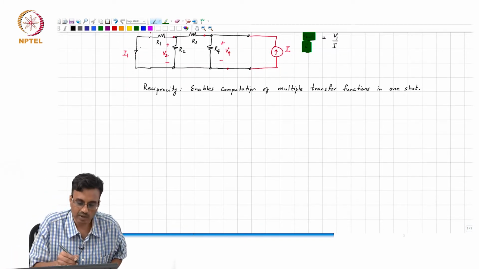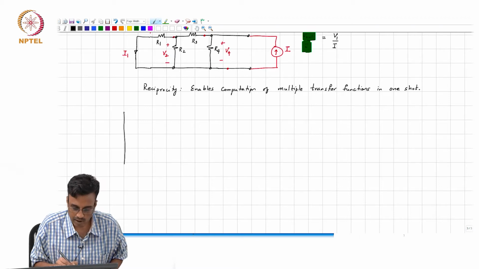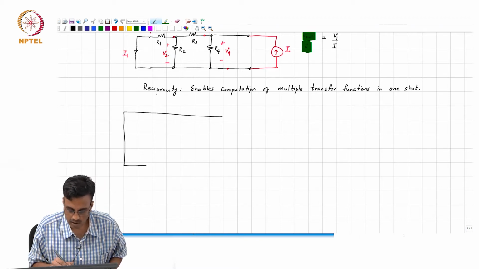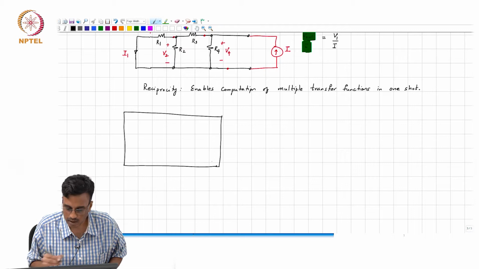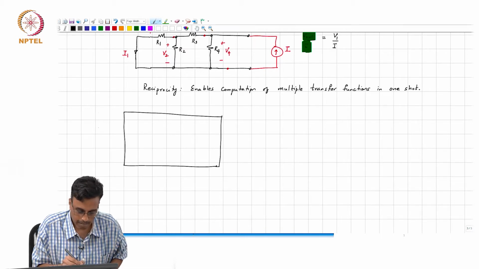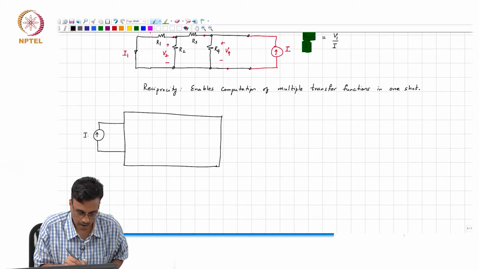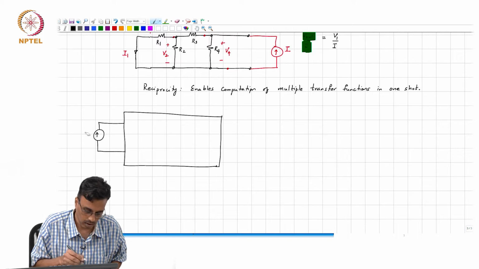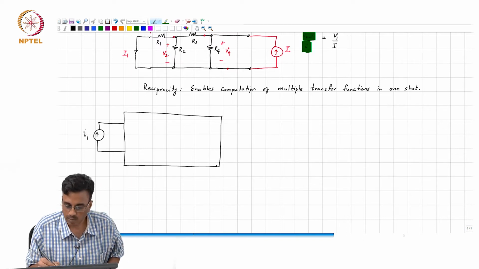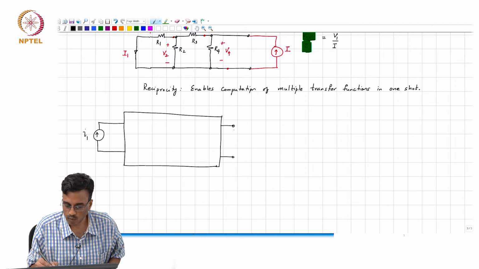And again, let me start with an example where we have, as usual, our friend, this network N. As usual, let's try and excite the network with a current I1 and measure the voltage V2.